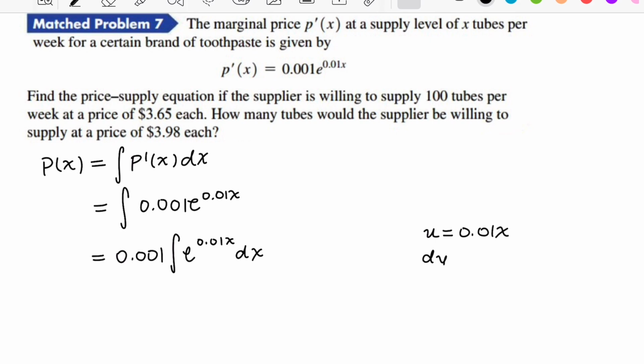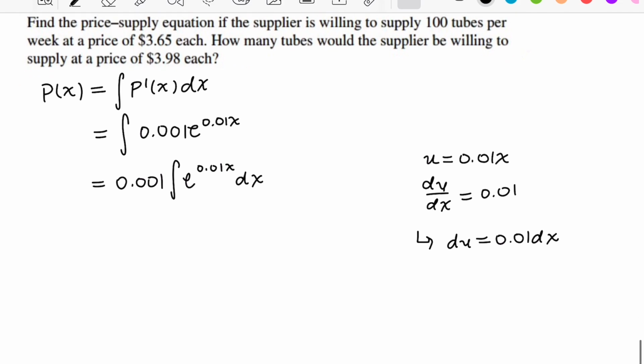So this tells us that du dx is equal to 0.01. And therefore du is equal to 0.01 dx. So we're going to have 0.01 times the integral of e to the u, and then we have this dx term here. But notice that we have du is equal to 0.01 dx, right?